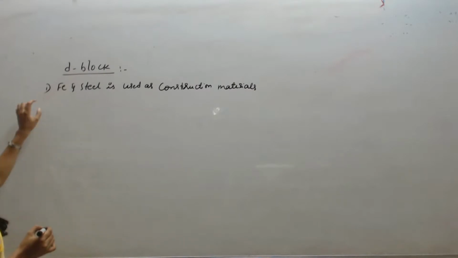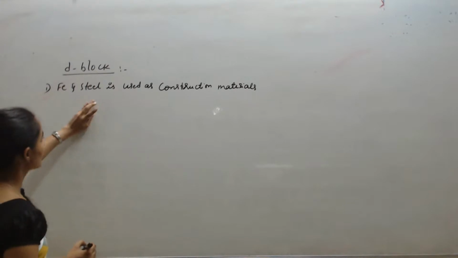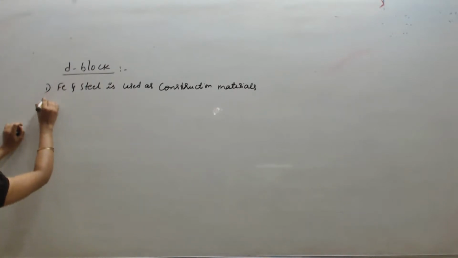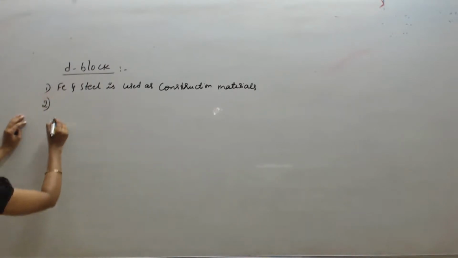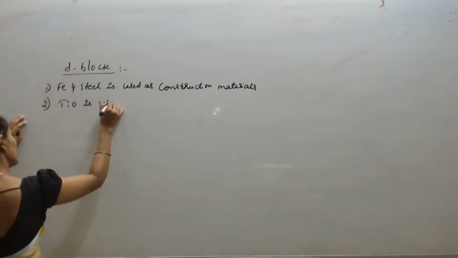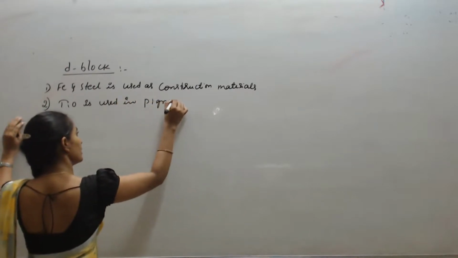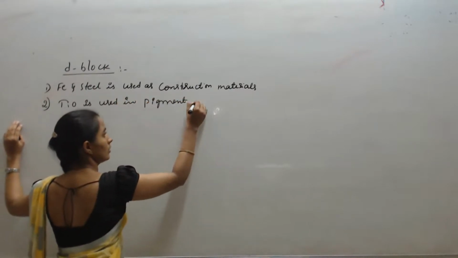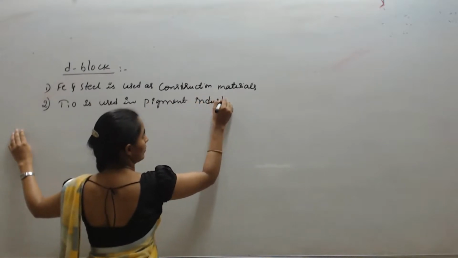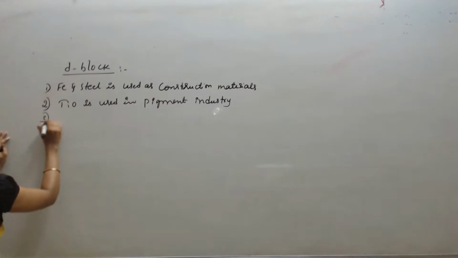Construction materials. Second one, TiO2 is used in the pigment industry. Pigment industry.